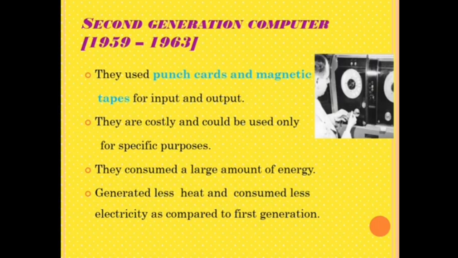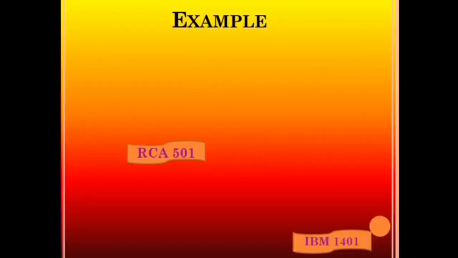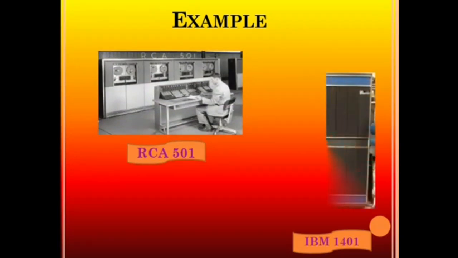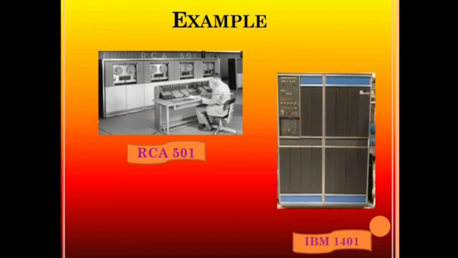So this is the difference, an advance compared to the first generation. Now the examples of the second generation: the first one is RCA 501. This is one type of machine. The next one is IBM 1401, another example of a second generation computer.